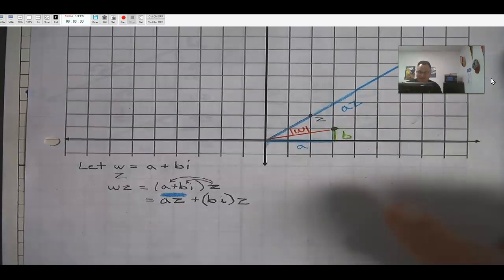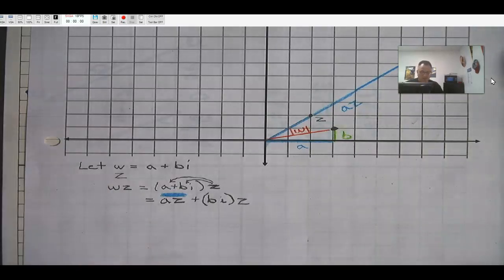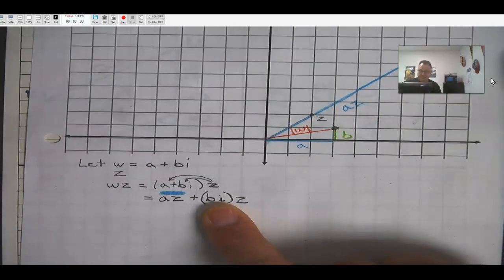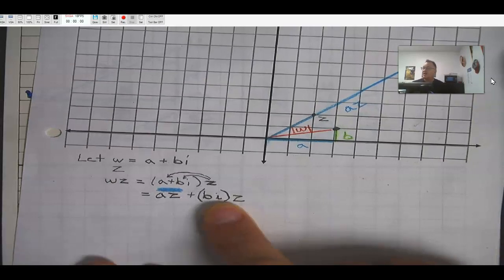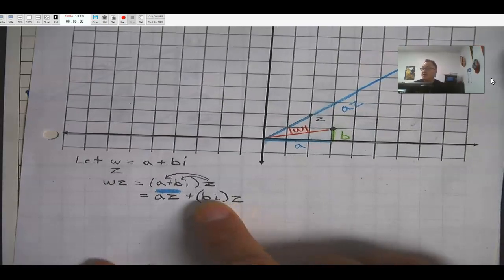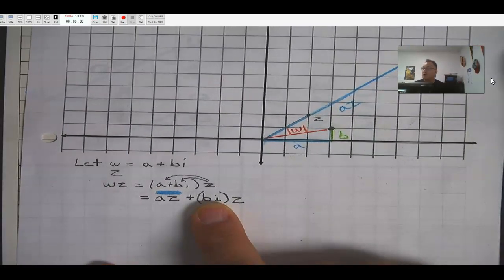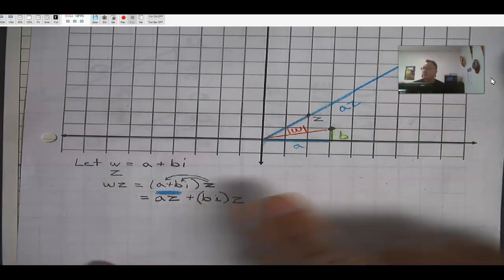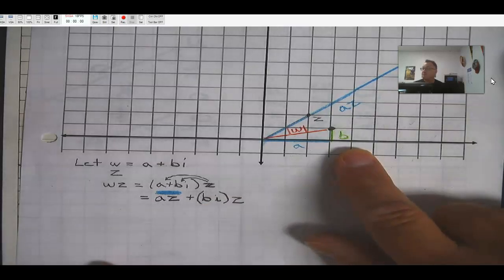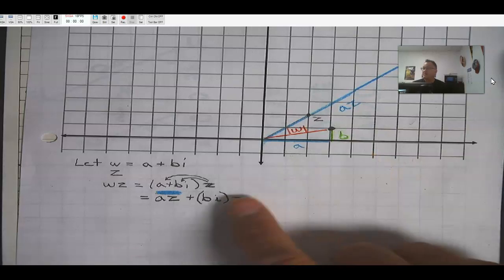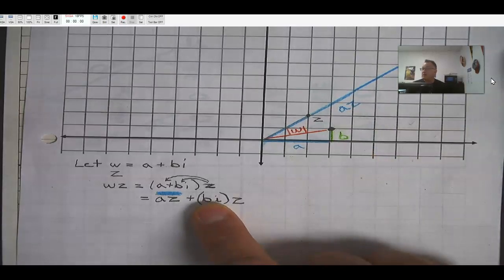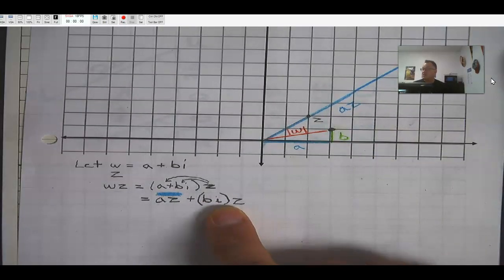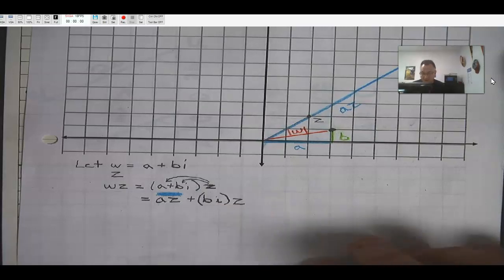So we're going to go back to our original Z. What does the I do to it? Rotates it 90 degrees, and then the B is going to make it longer or shorter. Well, B is equal to what here? 1. So it's not going to make it any longer or shorter. This is just going to rotate Z 90 degrees.